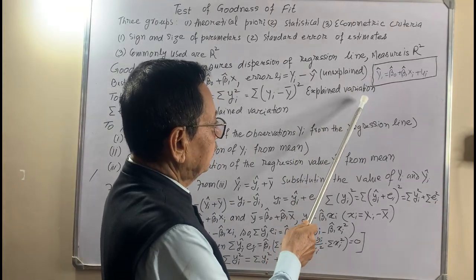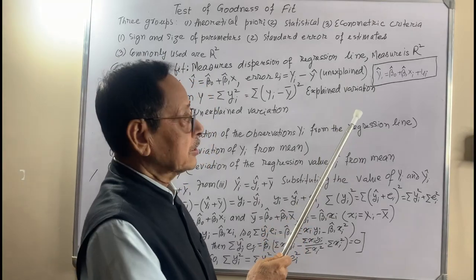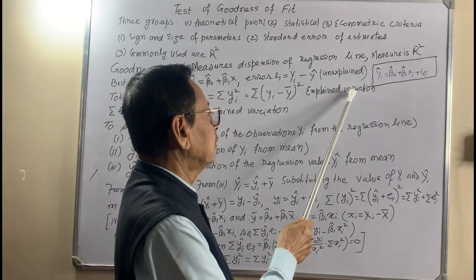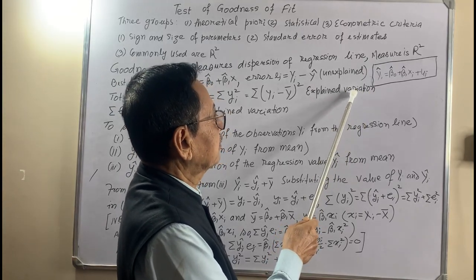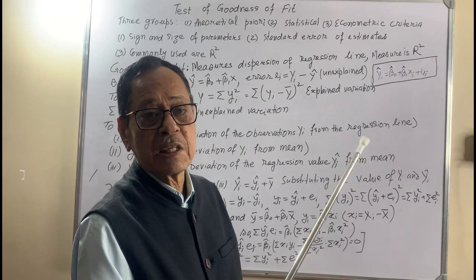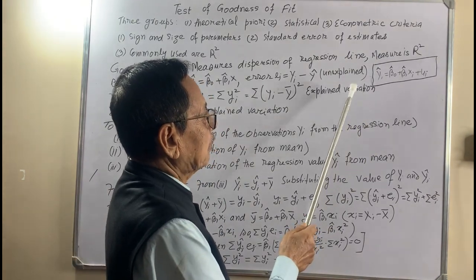Okay, then the error is: if the observed value is above the line, the distance from that value to the average line is plus.